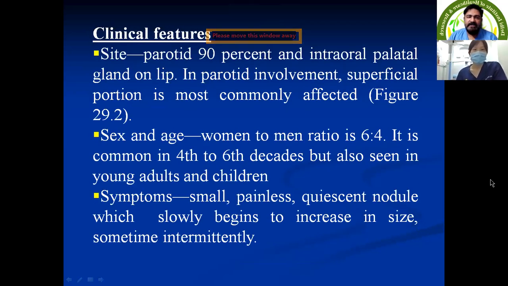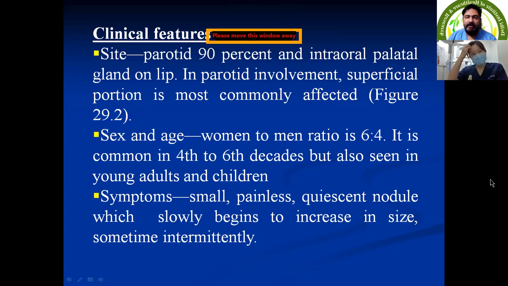Clinical features: site is the parotid, 90%; intraorally the palate, then the gland on the lip. In parotid involvement, the superficial portion is most commonly affected. Age and sex: the women to men ratio is 6:4, 6 women to 4 men.